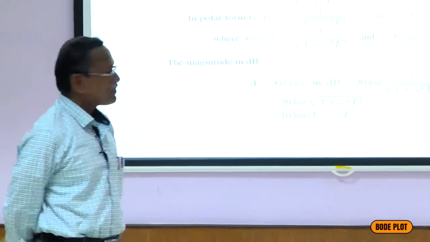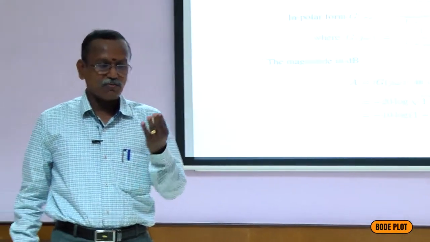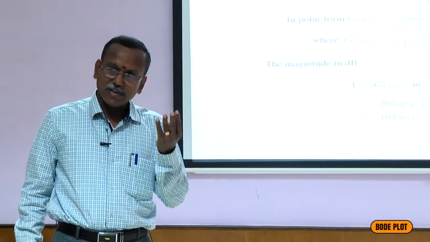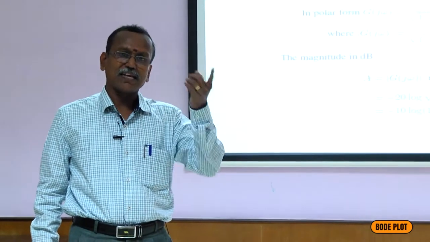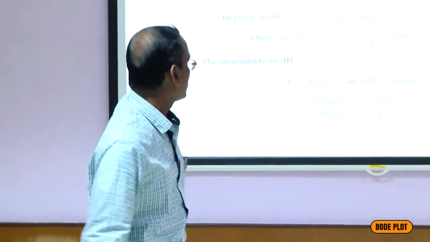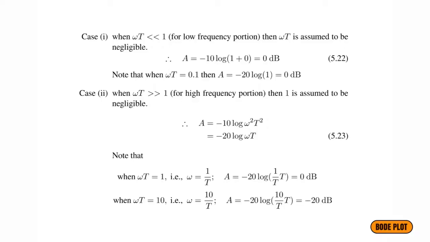To draw that approximation: so far we didn't do any approximation, for 1 by s power n, similarly s power n, k, for everything we didn't do any approximations. But here we are going to do some approximations. If the omega term is negligible compared with 1, we neglect omega square tau square.